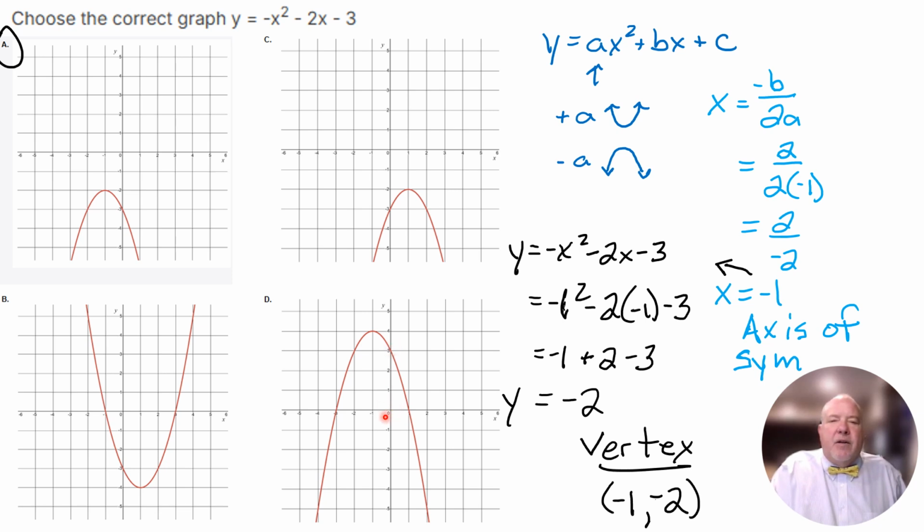So here's the x value. Where it's 0, that gives you the y-intercept. So to find the y-intercept, you can just simply plug in 0 for x into the function here up at the top. These will go away because they're both 0. So I'd have 0 minus 3. So the y-intercept is at negative 3. And so again, here that confirms answer A because it's got the y-intercept at negative 3.